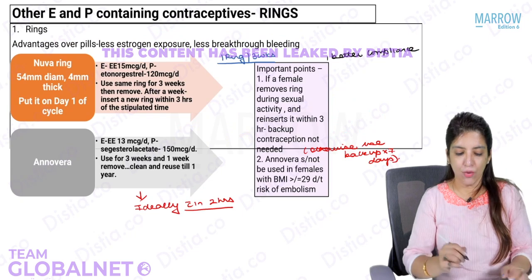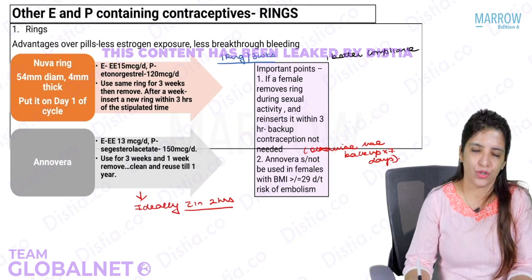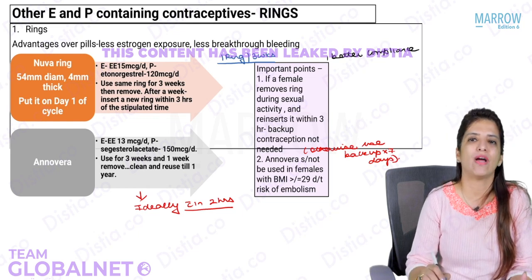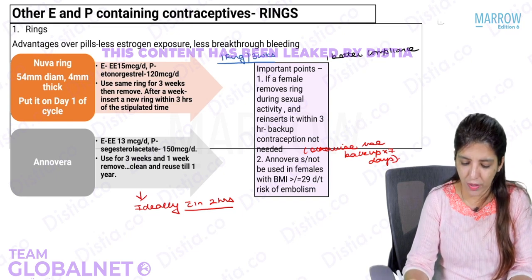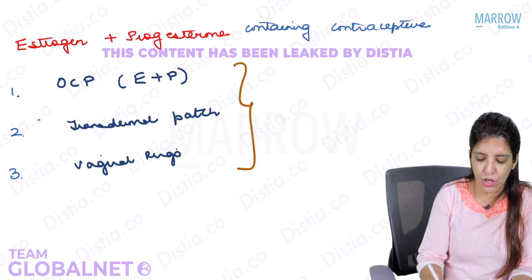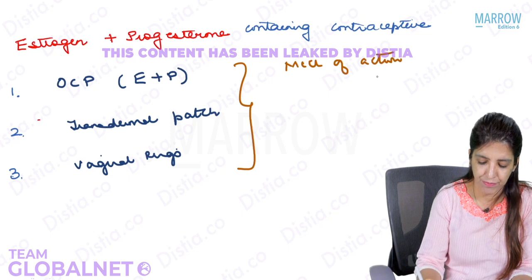Clear? Now coming to other estrogen and progesterone containing contraceptives, number 1, we have the rings. Now please remember, when we are talking about rings, when we are talking about transdermal patches, all 3 of them, their mechanism of action is same.